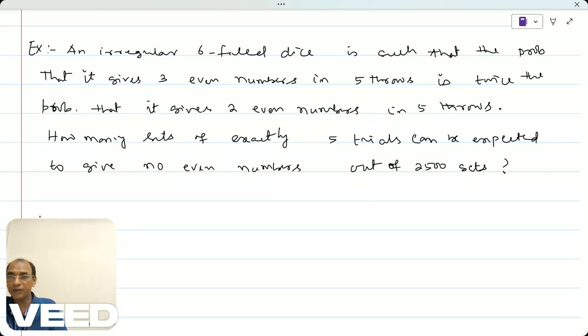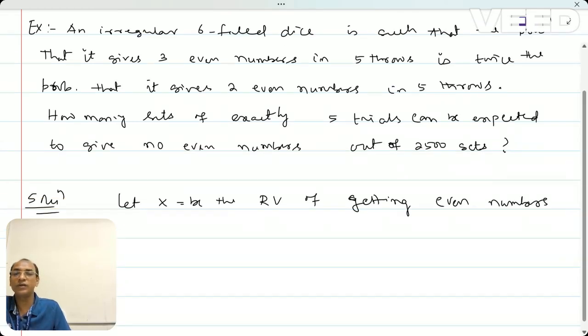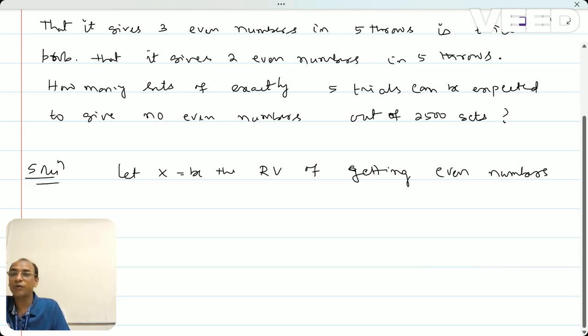So in order to find the probability in one set, let us consider, let x be the random variable of getting even numbers. According to the question, the probability of getting three even numbers is equal to twice the probability of getting two even numbers.